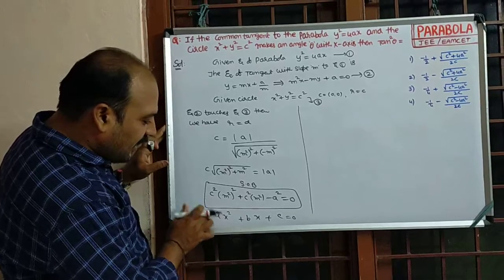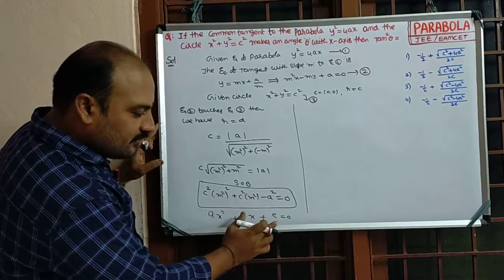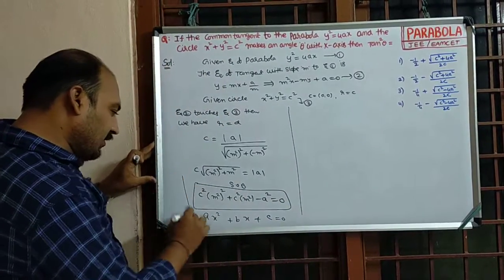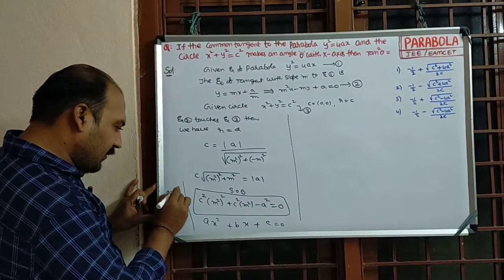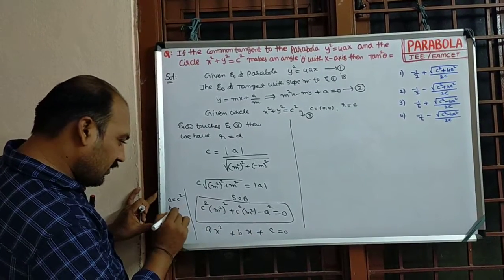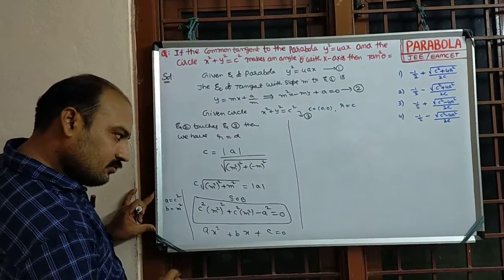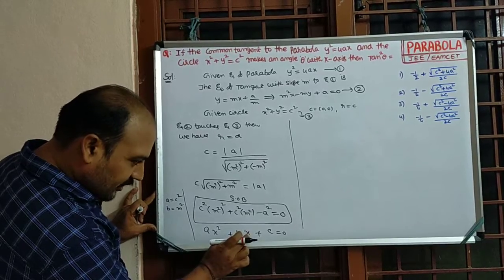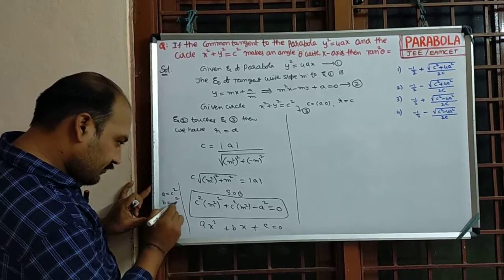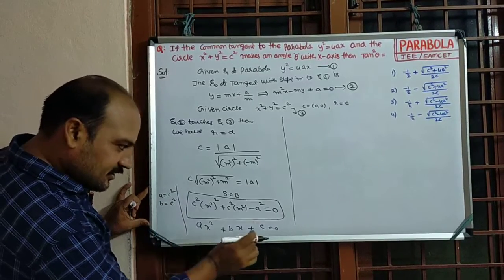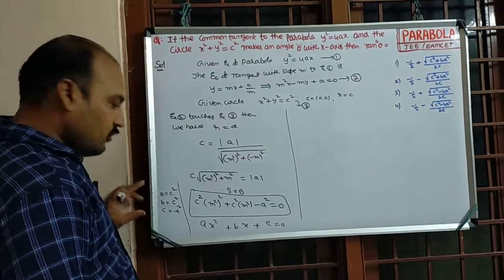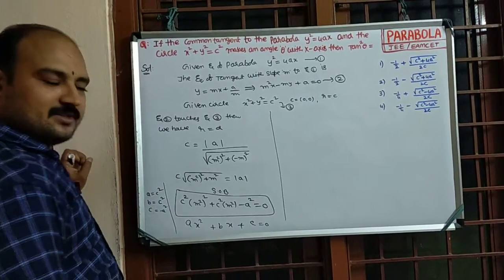Here a is equal to c square, x is equal to m square, b is equal to c square. Next term, c is equal to minus a square. These are the values.